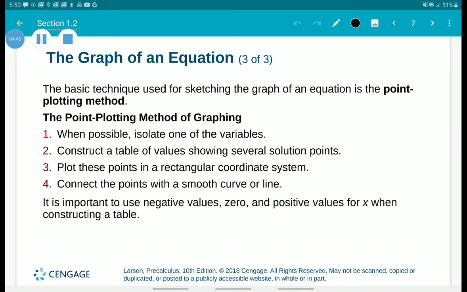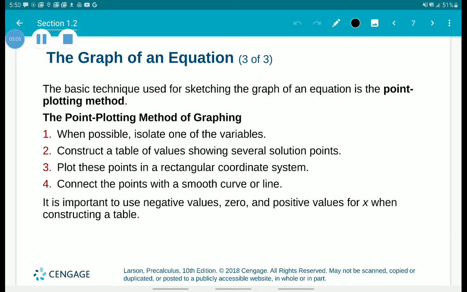So now let's talk about graphing a little bit more. How do we go about graphing an equation? Well, one method of graphing is by plotting a whole bunch of points. So if it's possible, we want to take that equation and we want to isolate one of the variables. And all that means is we want to get x or y by itself.